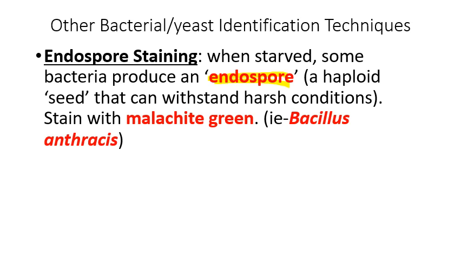A seed contains a plant embryo, which is diploid. But you know that there are other plants like ferns that do not produce seeds, they produce spores. The difference between a seed and a spore is that a seed contains a diploid embryo, and a spore is a haploid germ cell, so it only contains one copy of the genome.